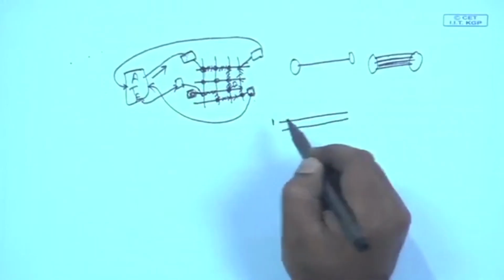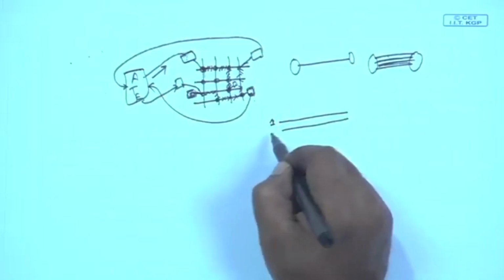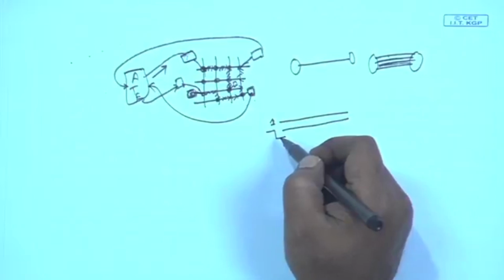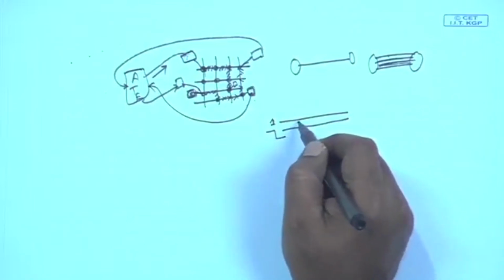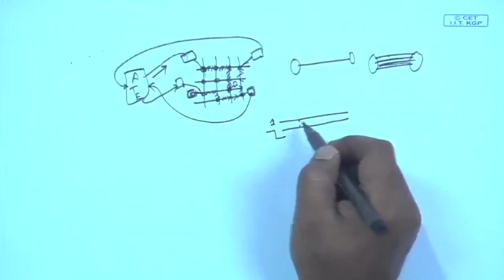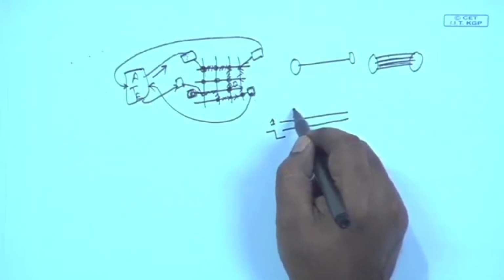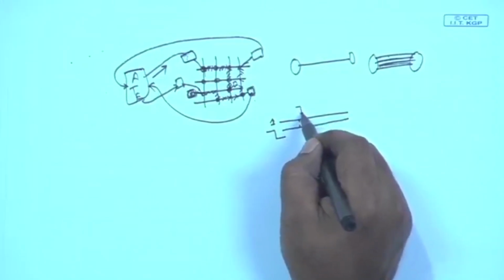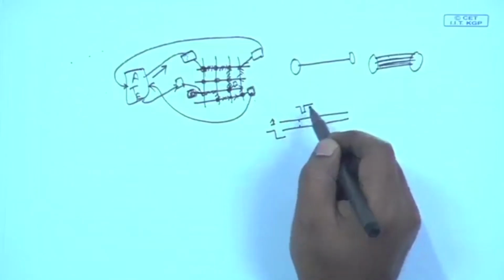Maybe this line is constantly at logic 1, but this line makes a transition to low. When it makes a transition to low, due to capacitive and inductive coupling between these lines, this line may also, for some time, show a glitch, and it will be something like this.